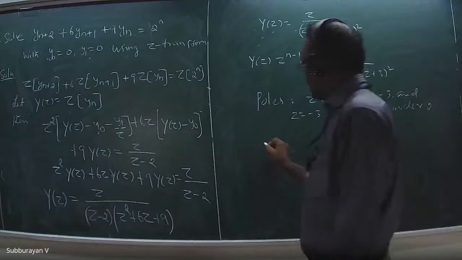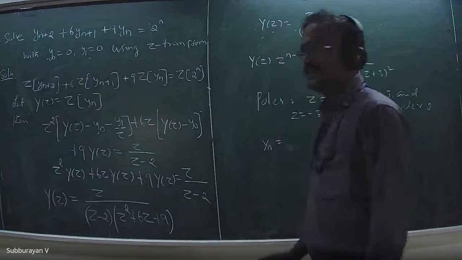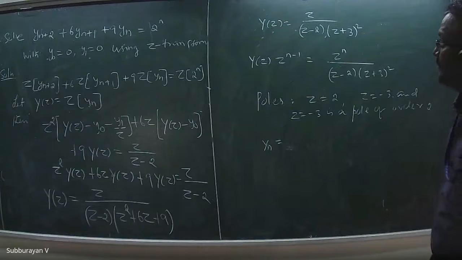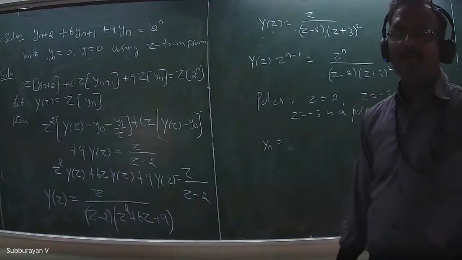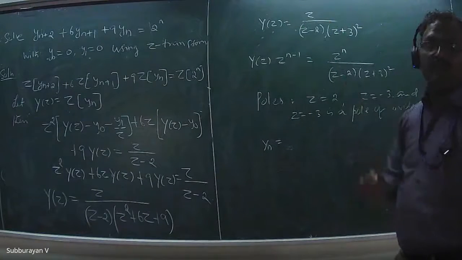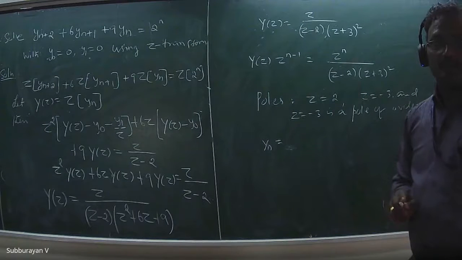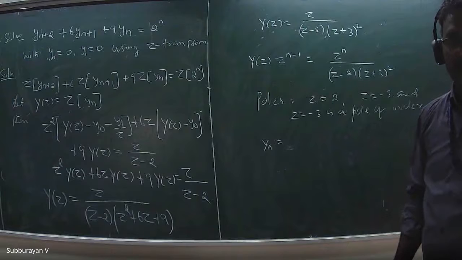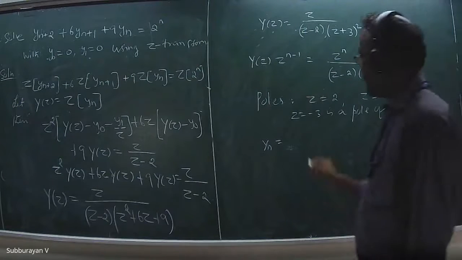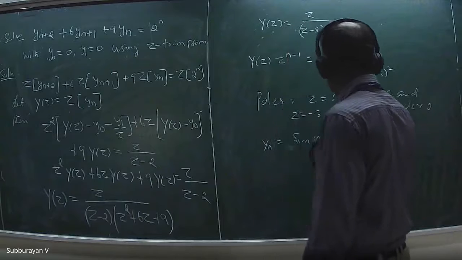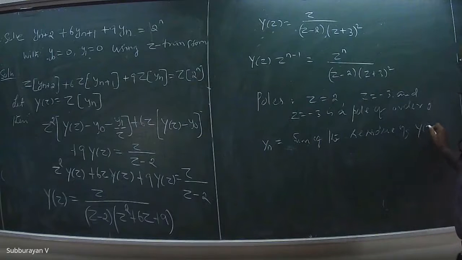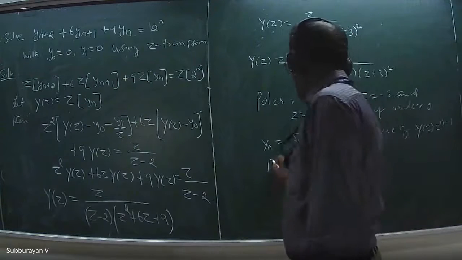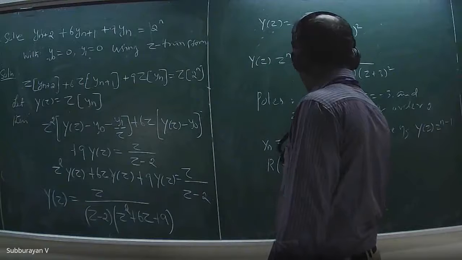Therefore our y(n) is nothing but the sum of the residues of Y(z) into z power n minus 1. Therefore you calculate the residue at z equal to 2.